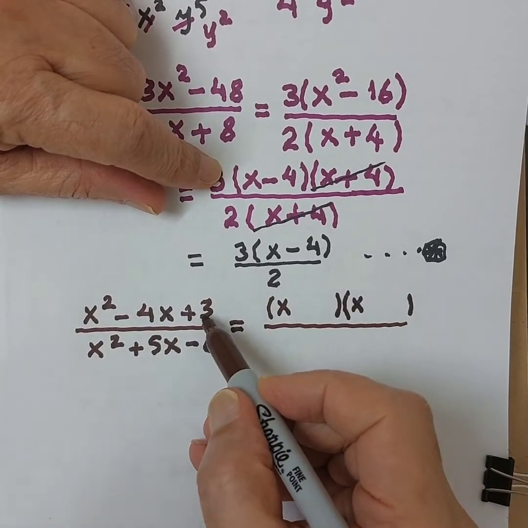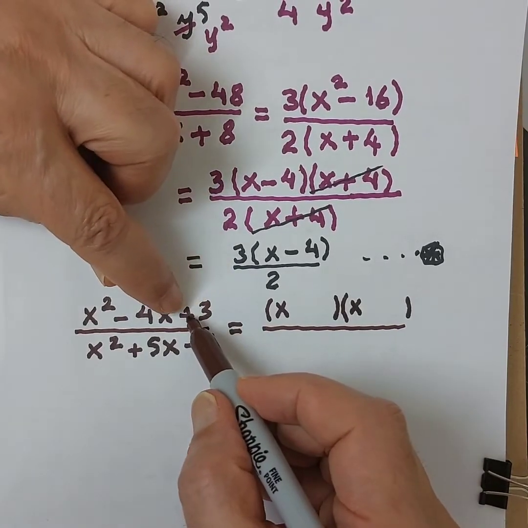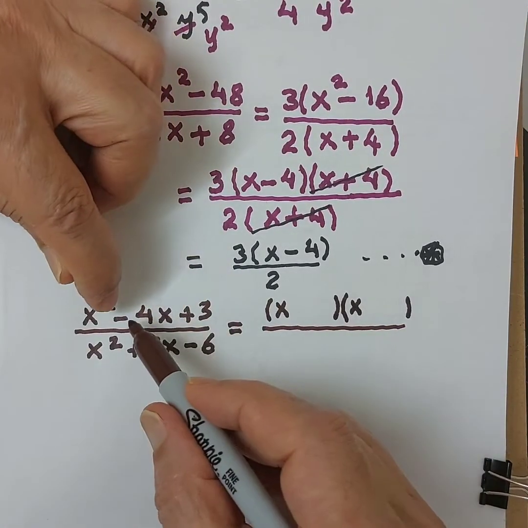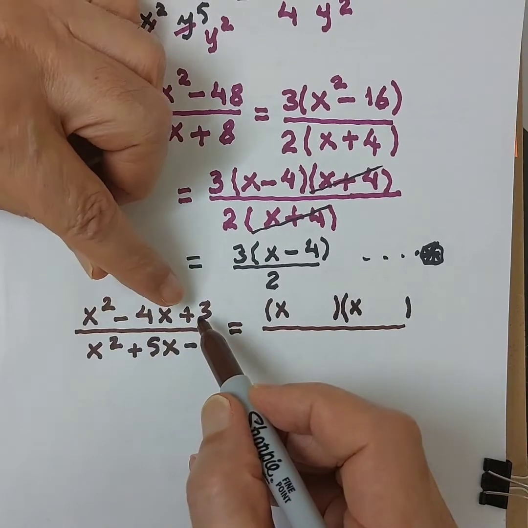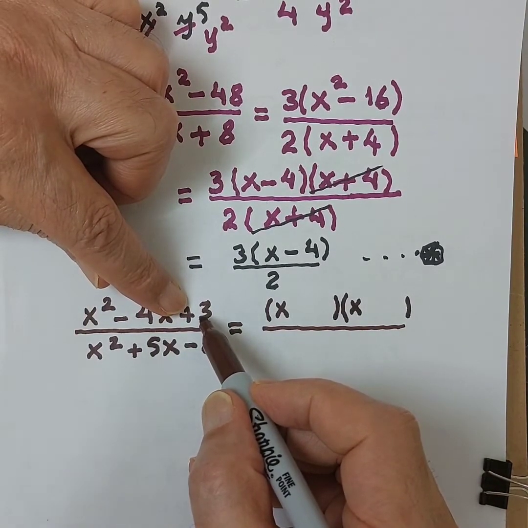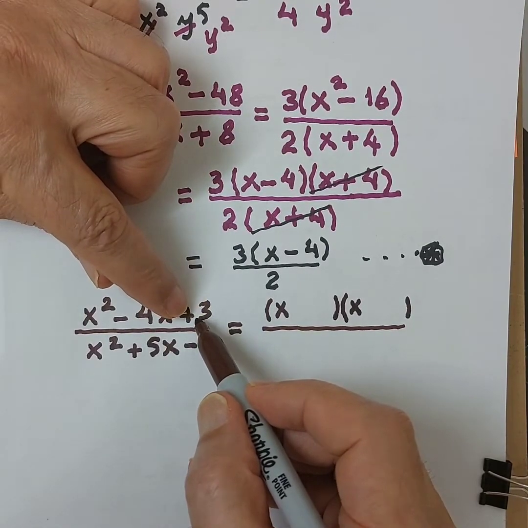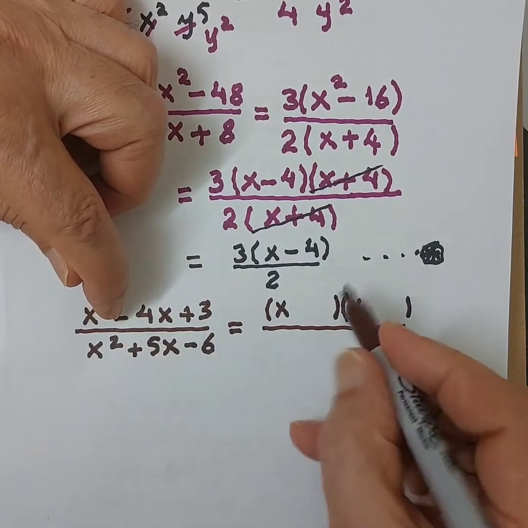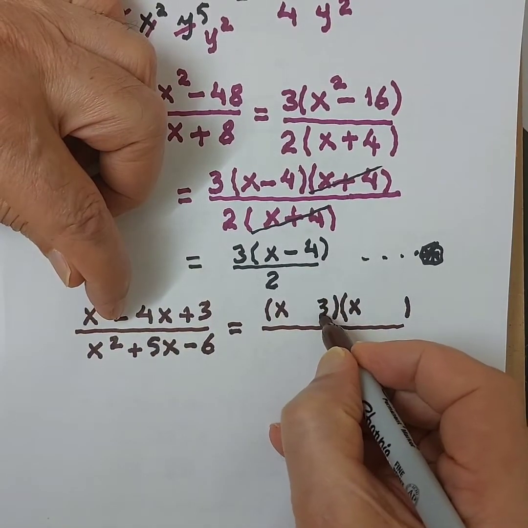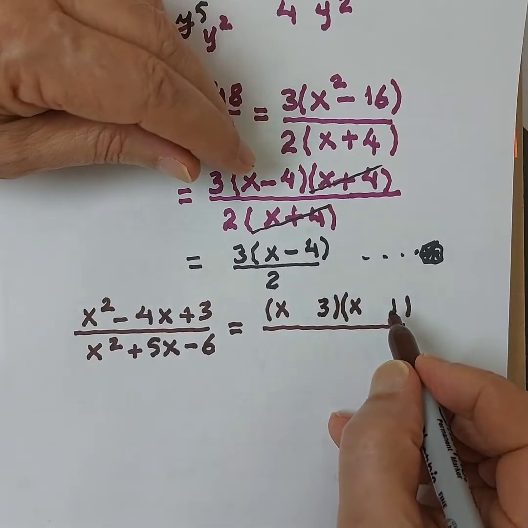Then we will go to 3. Here 3 is positive, but the middle one is negative. So if we factorize it into 2 factors like 3 and 1, they should be both negative. So we write 3 here and 1 here, or 1 here and 3 here. It will not make a difference.